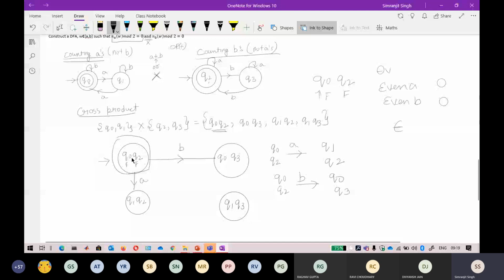If you just follow this procedure, you will find that this kind of pattern will be there.